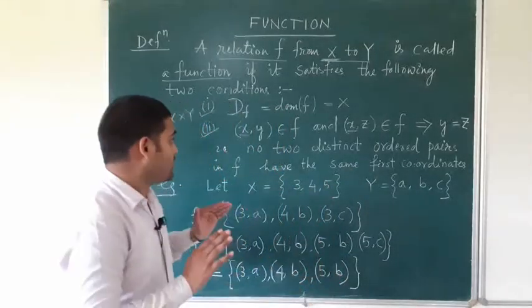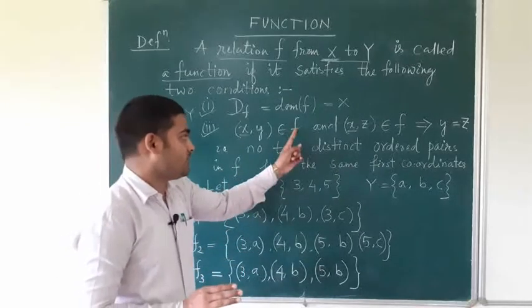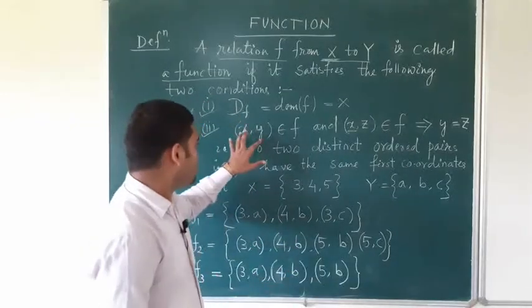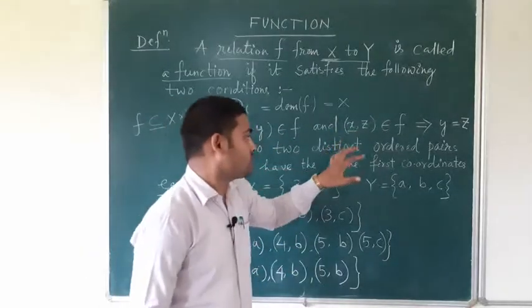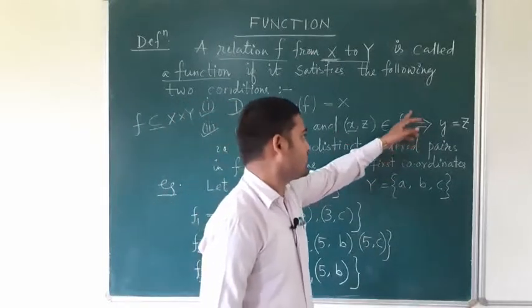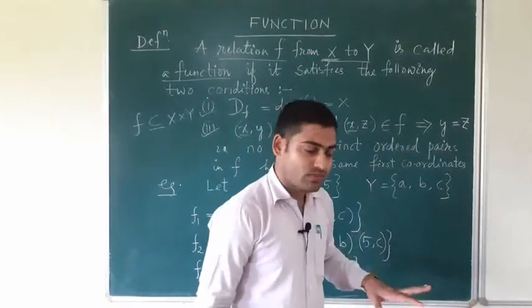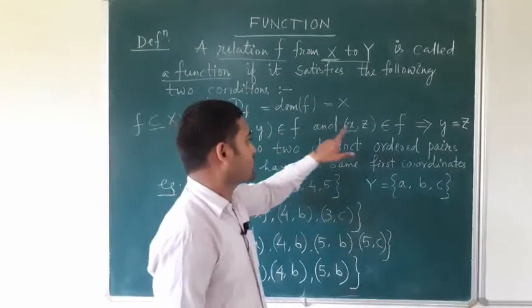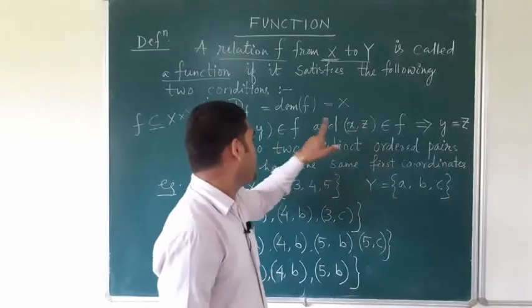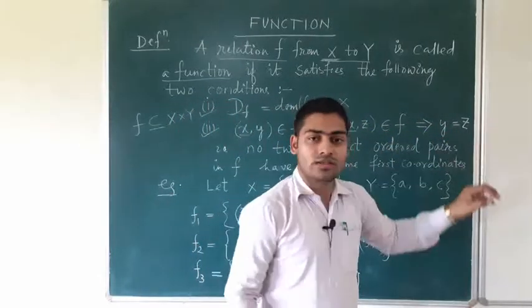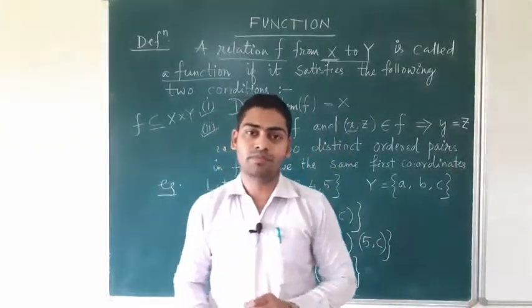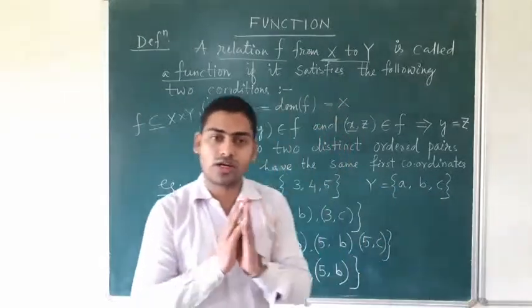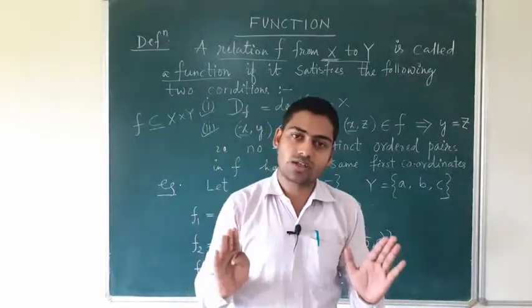Otherwise, we cannot say f is a function. Understood? So, if these two ordered pairs are present in relation f, then y and z, the second coordinates, must be equal. Then only we can say the relation f is a function. Otherwise, it is not a function.